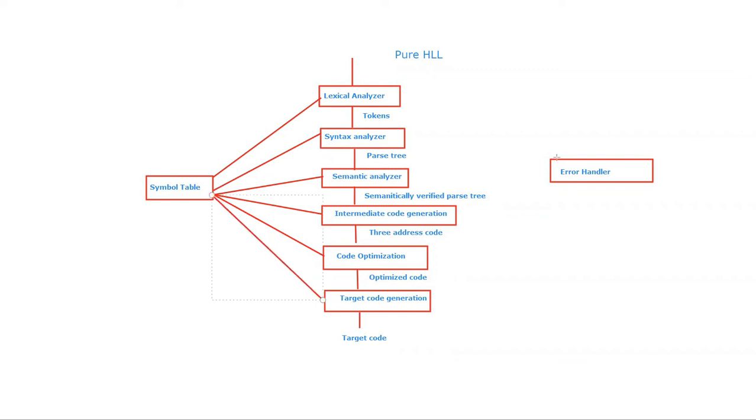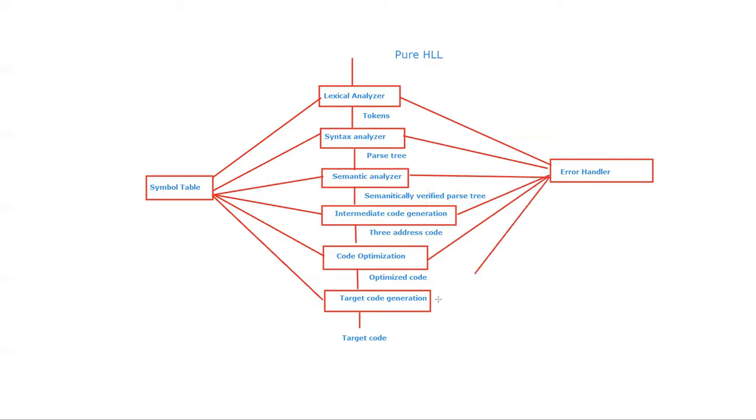In a similar way, the error handler is connected with the lexical analysis, then the syntax analyzer, then the semantic analyzer, then the intermediate code generation, then the code optimization, then the target code generation.